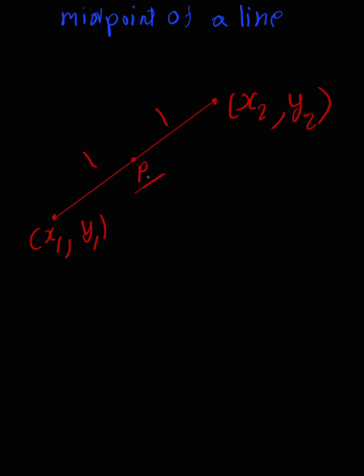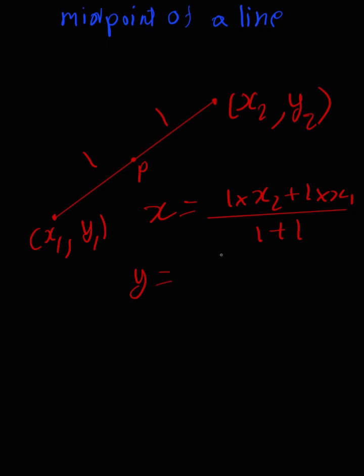So for this point, we can say that P is equal to 1 comma 1, x is equal to 1 times x2 plus 1 times x1 over 1 plus 1, right.